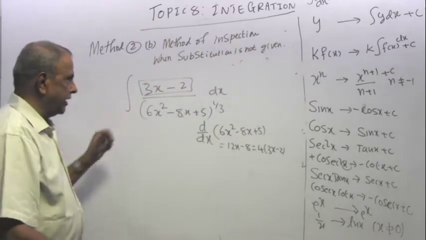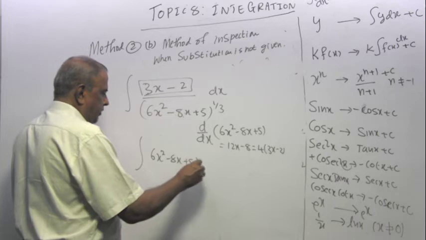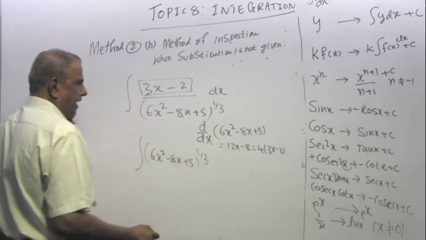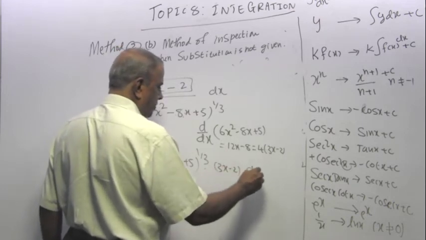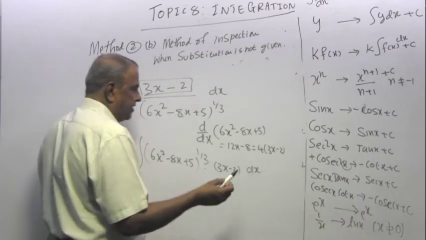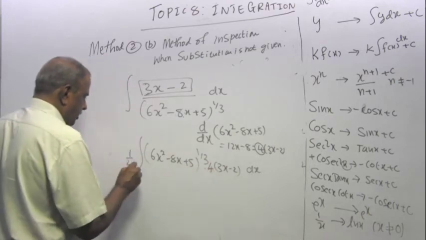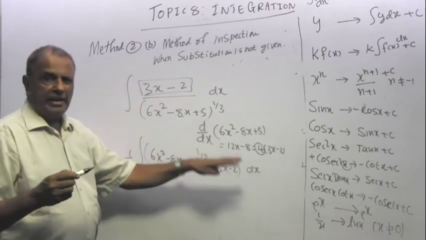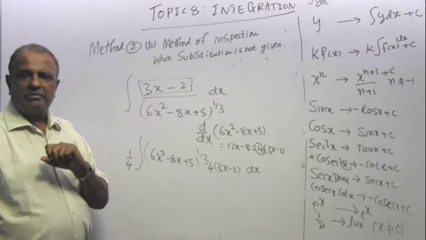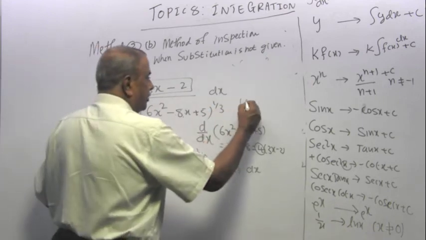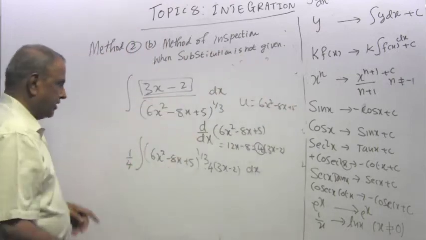Here, I'll write it as 6x squared minus 8x plus 5 power 1/3 times 3x minus 2 dx. But for it to be exact, I need a 4. So 4 and a quarter. So you make sure the dx has with it the exact derivative of the inner function. Or if you don't like it, you can do u equal to 6x squared minus 8x plus 5 and use the method of substitution, you'll get the same answer.